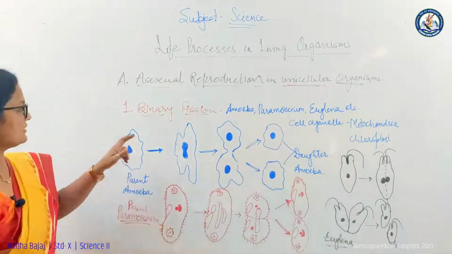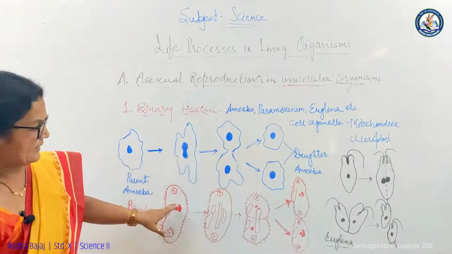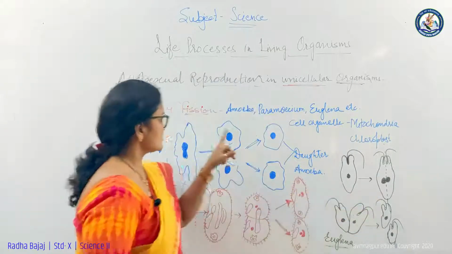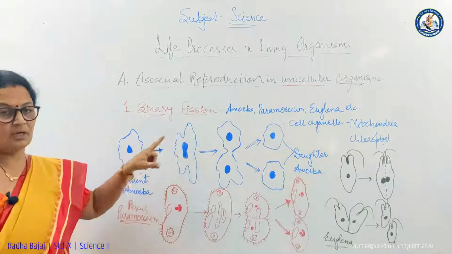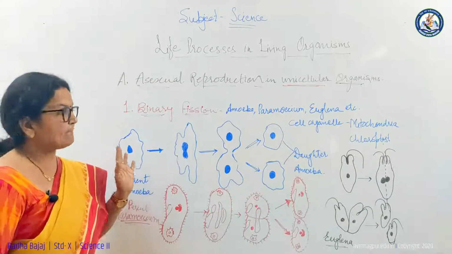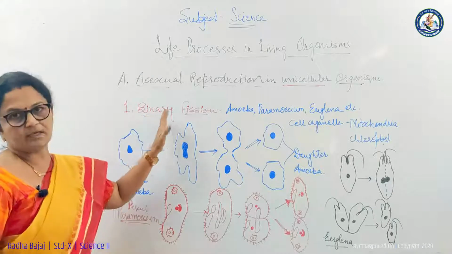From this we conclude that from a single parent cell we get two daughter cells. This is called binary fission, and it occurs in favorable conditions. That means where there is ample food we get binary fission.